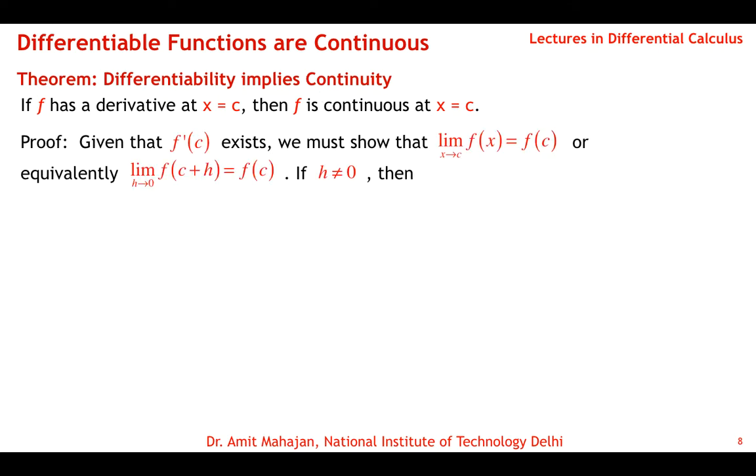So to prove this, given that the derivative at c exists, we must show the continuity condition that limit x tends to c of f(x) must be equal to f(c), okay. So the left and right hand limits must be equal, and it must be equal to the function value at c, or equivalently we can say that limit h tends to 0, f(c+h) must be equal to f(c).